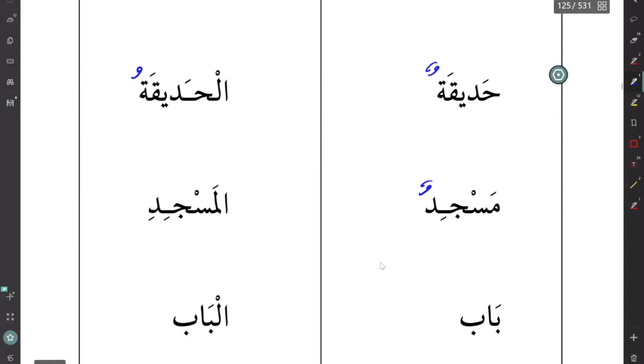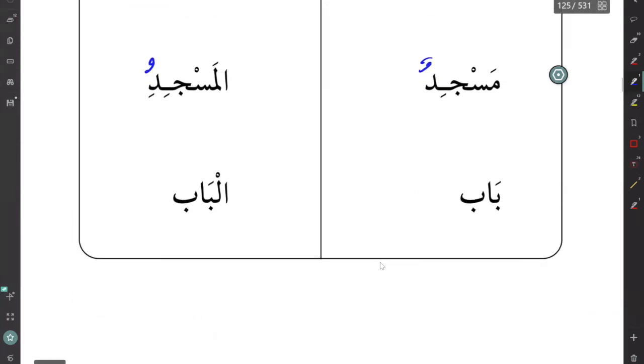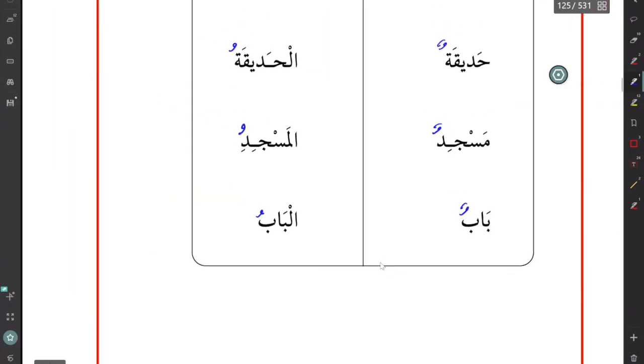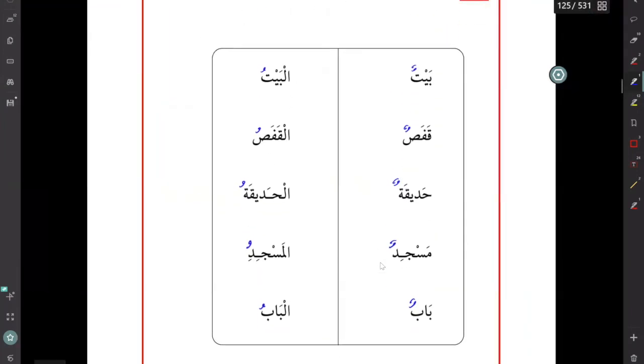There's no preposition, so I would assume this is a mistake. If you say al-masjidin here, then that's a big problem because that's not going to happen. If there was any harf jarr, any preposition, then okay, fine, al-masjidi. But looks like nothing is here, so you can say al-masjidu. Babun, al-babu. Okay, makes sense? This exercise is about definite and indefinite nouns.